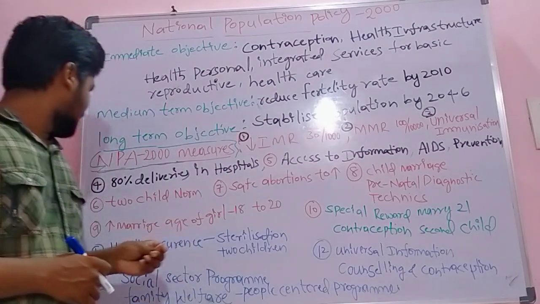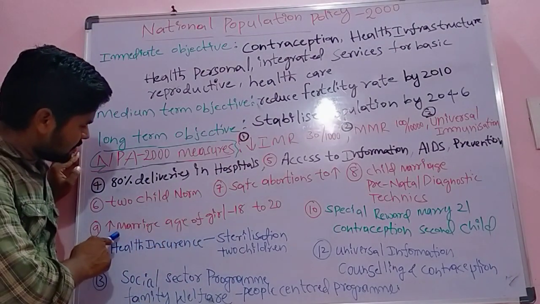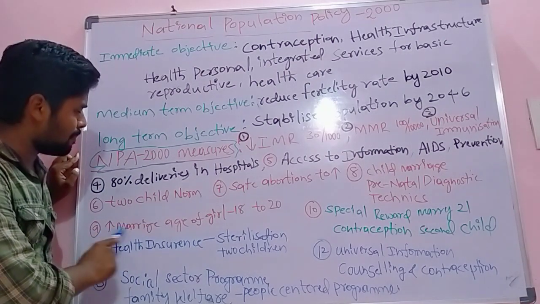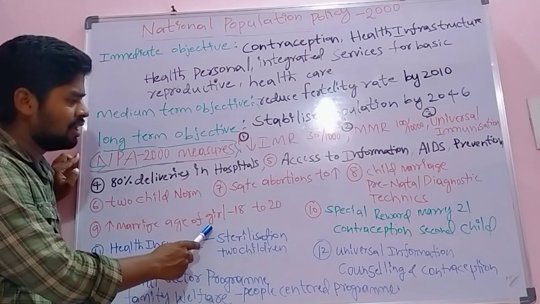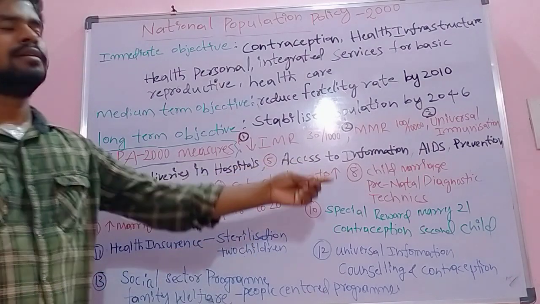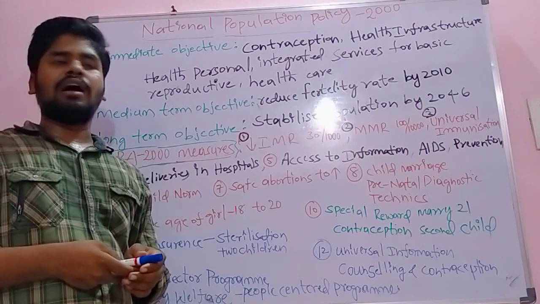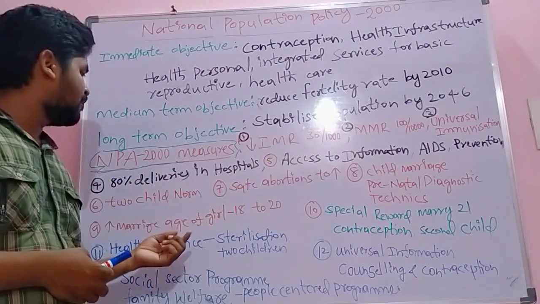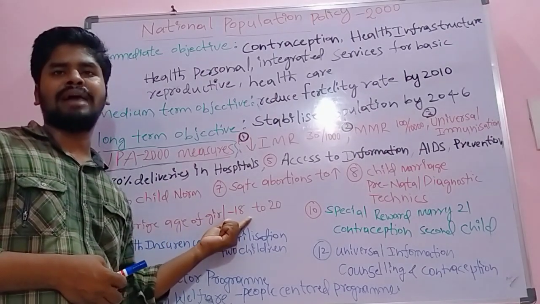And next, increasing the marriage age of girls from 18 to 20. What we have learned here: according to the Child Marriage Restraint Act of 1978, an 18-year-old girl can marry.